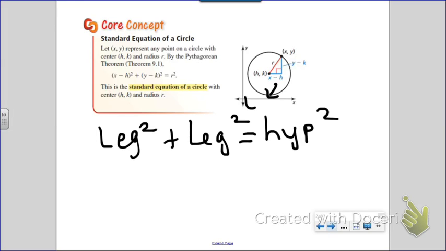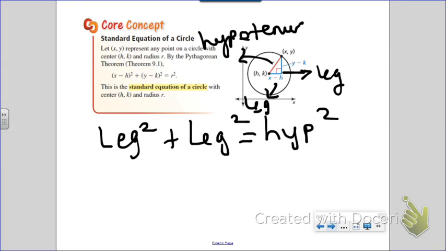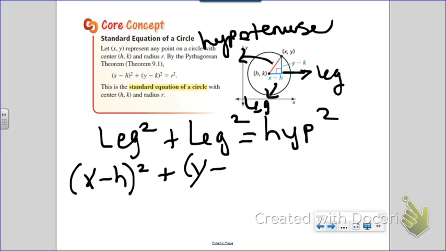This is a leg, this is a leg, and this is the hypotenuse. So this is where our formula comes from. So it's (x - h)² + (y - k)² = r², where (h, k) is the center and r is the radius.